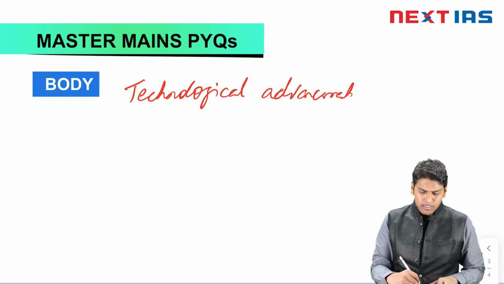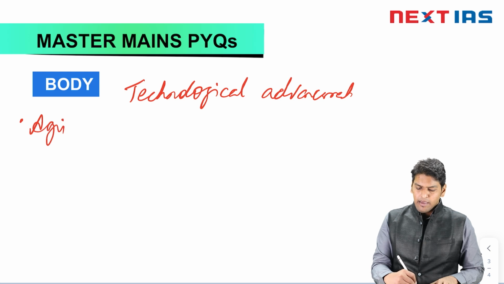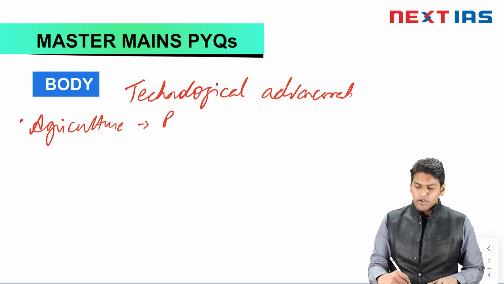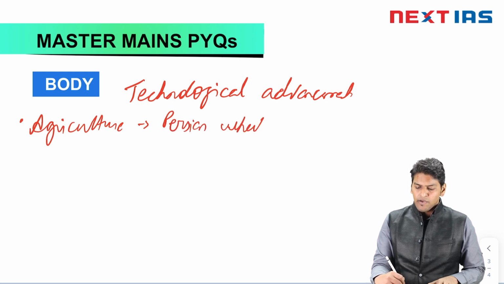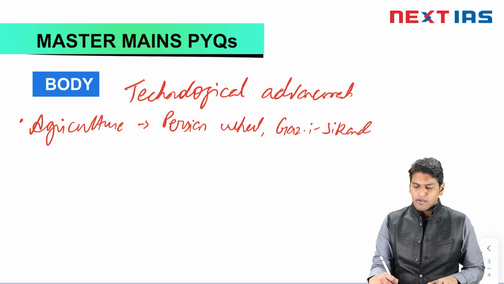The first you can see was its contribution in agriculture. What was the contribution? Development of the Persian wheel and Gaz-e-Sikandari.